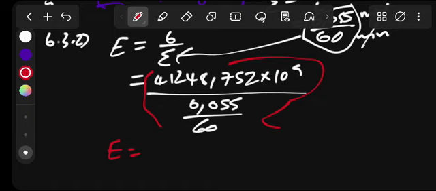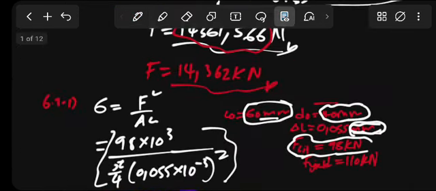Let's check. Go. This value is too much, guys. Let me double check something here. This is so too much. Let me double check here, guys.